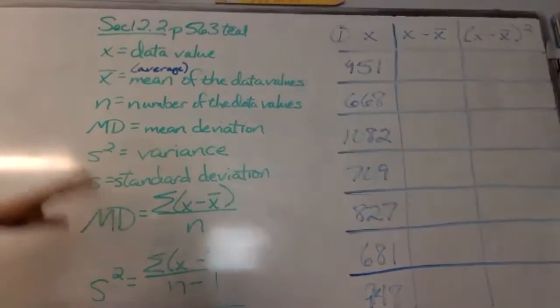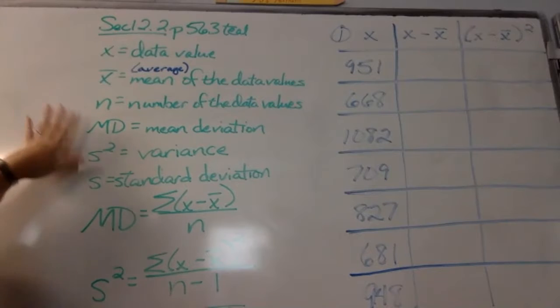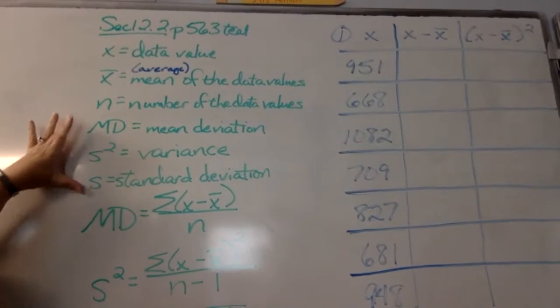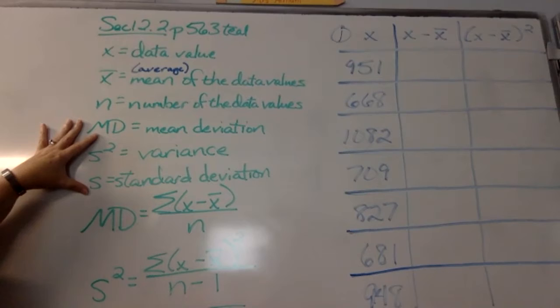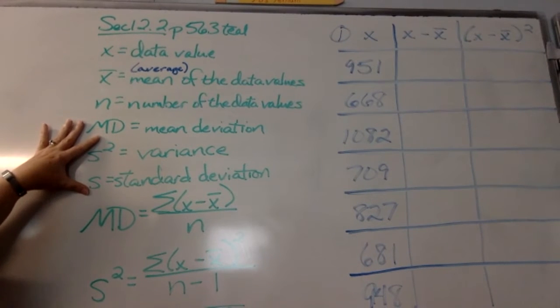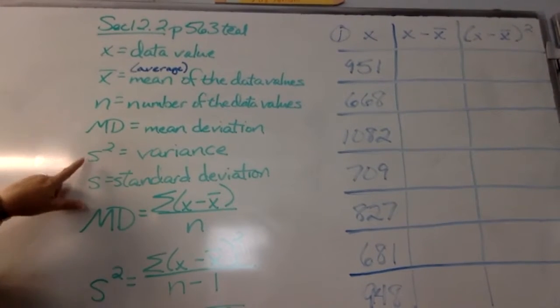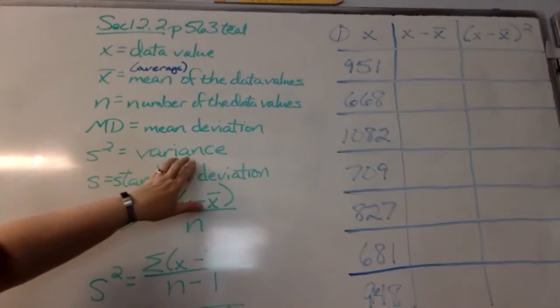Okay. And then we have our 3 different things we're going to be finding, which are these right here. Our MD is our mean deviation, which basically is kind of the average of how far everything is from the average. And we'll talk about that a little bit more in a minute. Then we have our S squared, which is our variance.